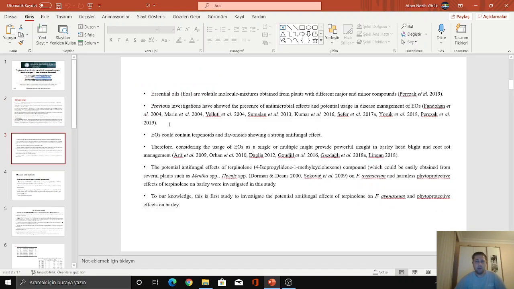But here we will describe a specific plant-derived essential oil compound, terpinolene, with antifungal effects on Fusarium avenaceum and no hazardous effects on barley.